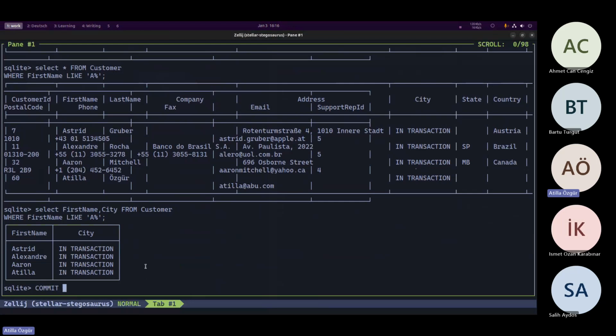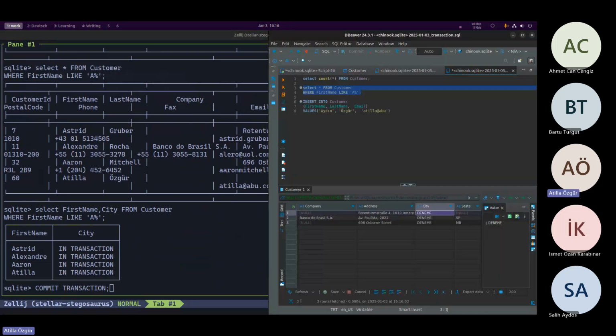If I use this commit transaction command, everything I did in this transaction will be written to the database, and the others will see what I have changed.